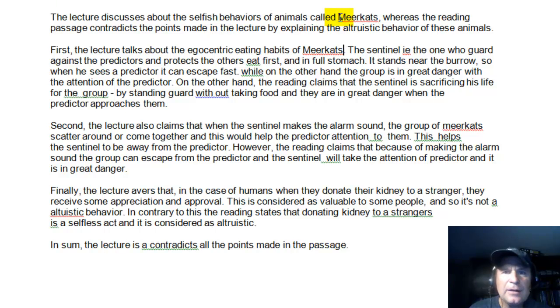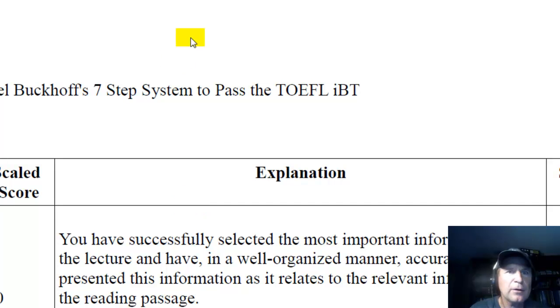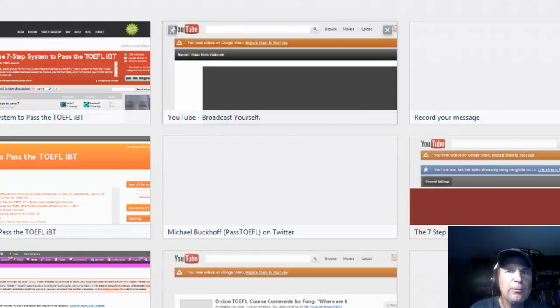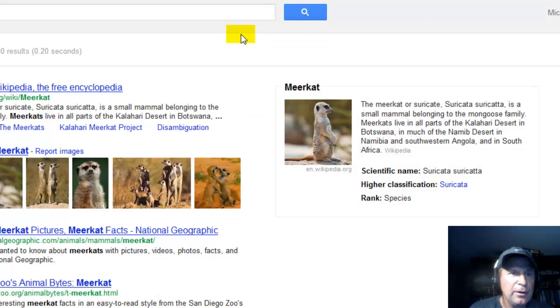Now I didn't get to see this passage, so let me do some research for just a minute here. Hold on a second. I'm going to go onto the internet. I want to find out what this animal is.